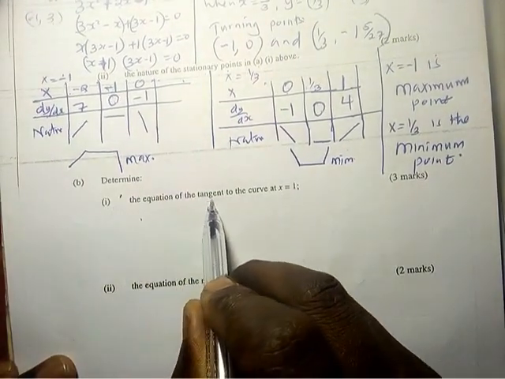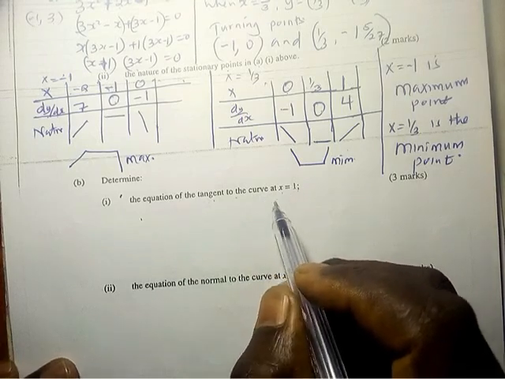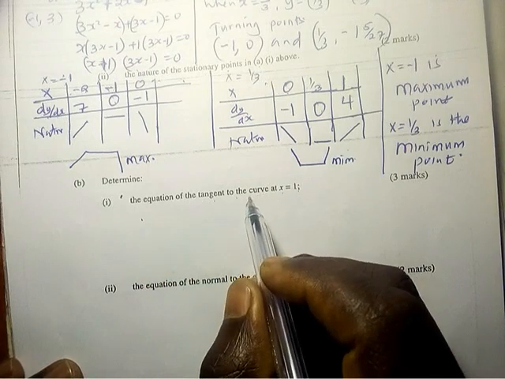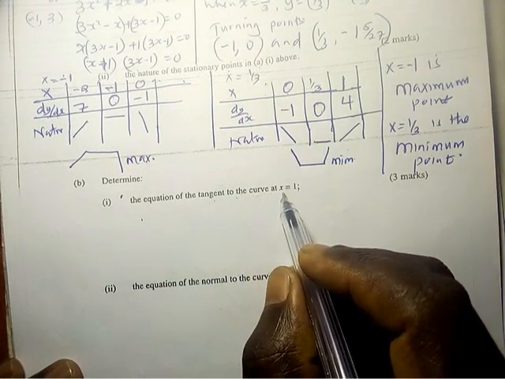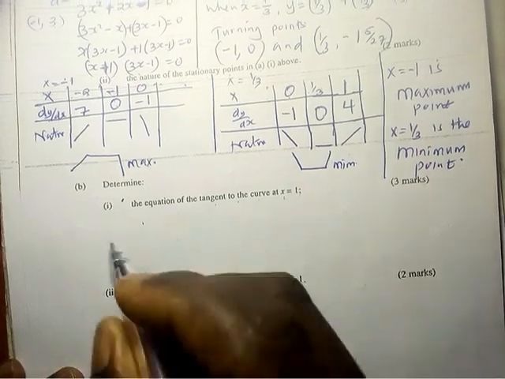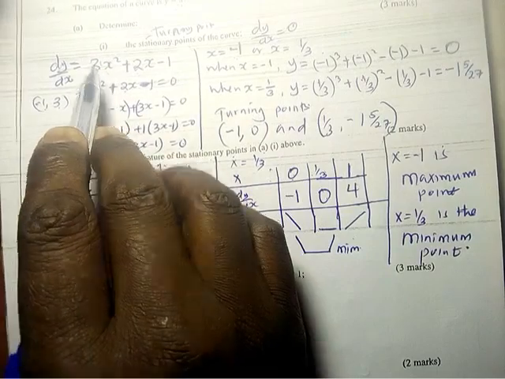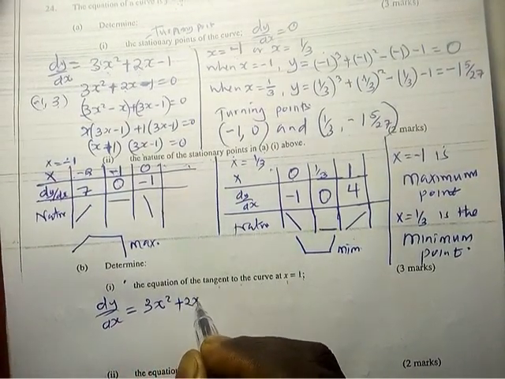Determine the equation of the tangent to the curve at x is equal to 1. So for us to get the equation of the tangent, first we must get the gradient function and get the gradient at the point when x is 1. So the gradient function dy over dx we already have is 3x squared plus 2x minus 1.